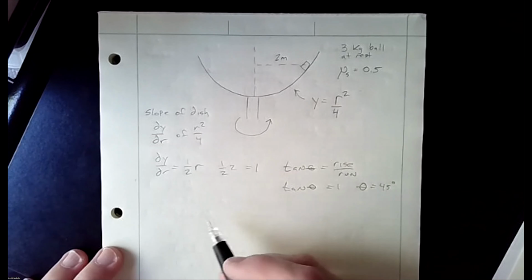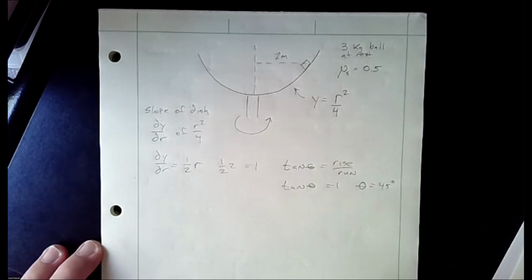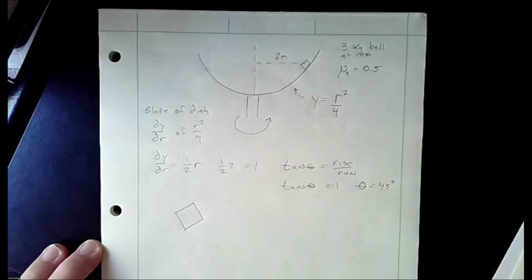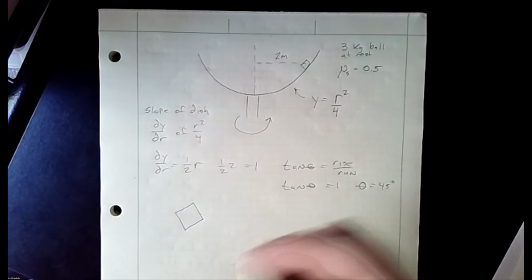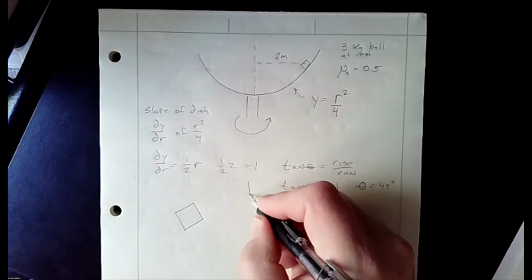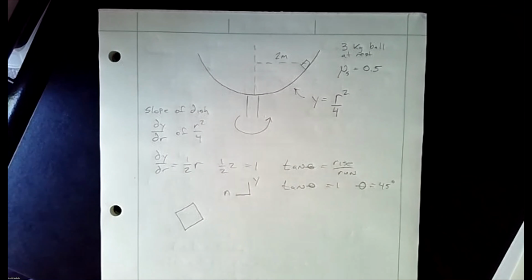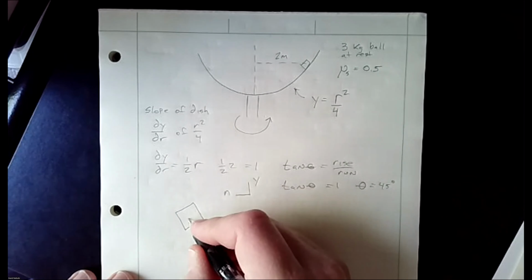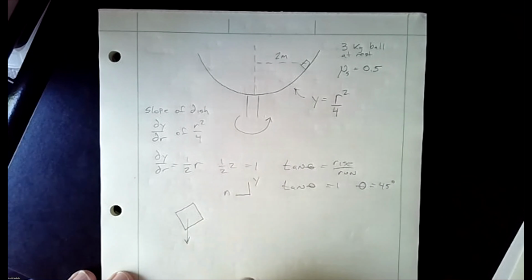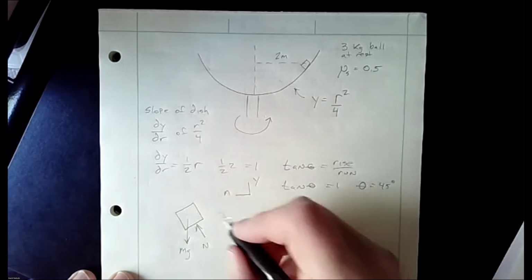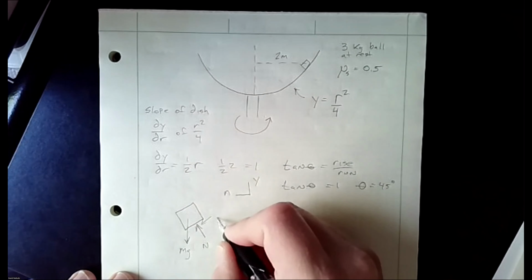So now we're going to draw our free body diagram. So that'll look like this. All right. And so we're going to go ahead and use y and n. So there's n, there's y, like we did in class. So we know that the block, we'll just say it's a block for simplicity, has mg, and normal, and of course friction, right?